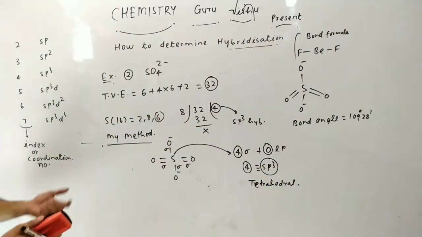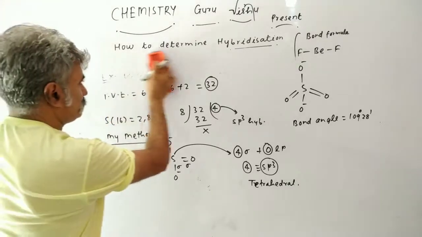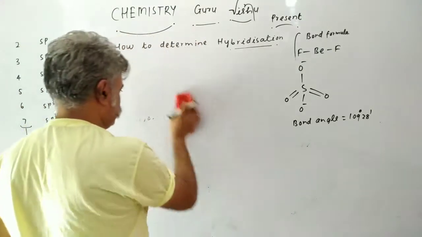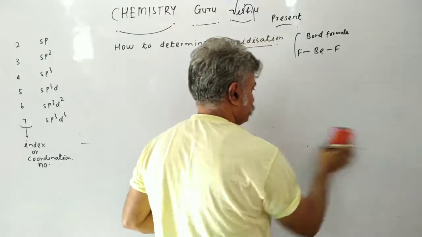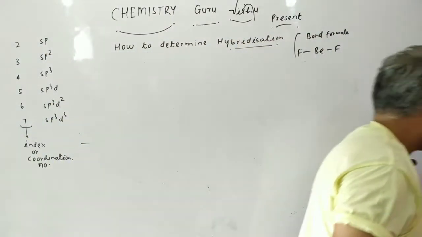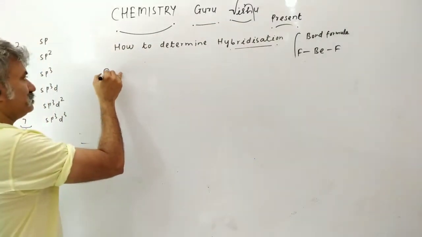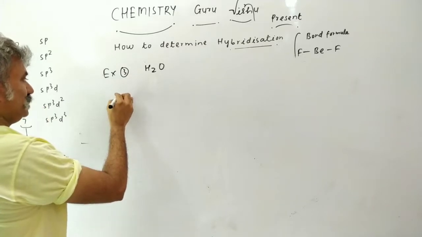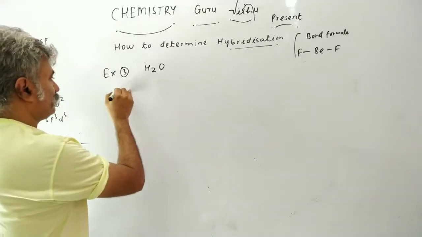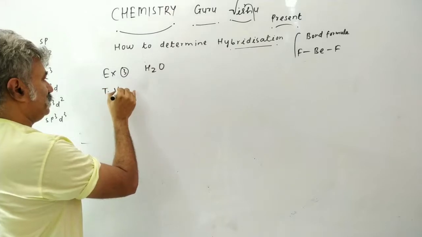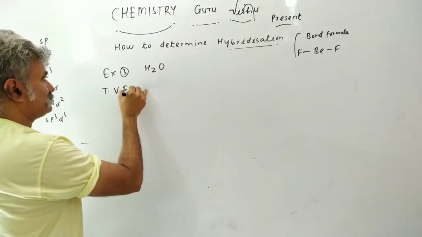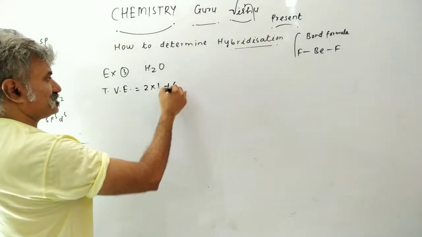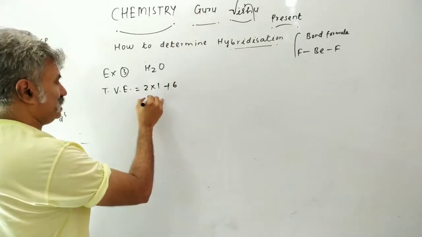Now I am taking the next example here. Example number 3, water. So method number 3, total valence electrons. Hydrogen 1, 2 into 1, oxygen 6, no charge, total 8 electrons.